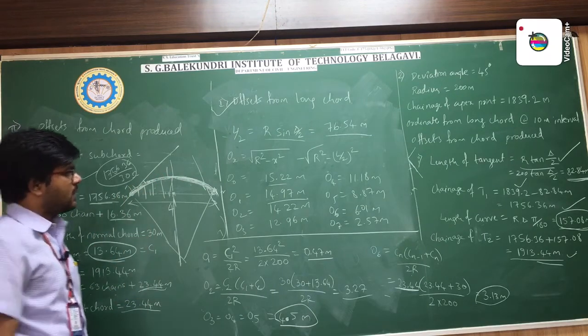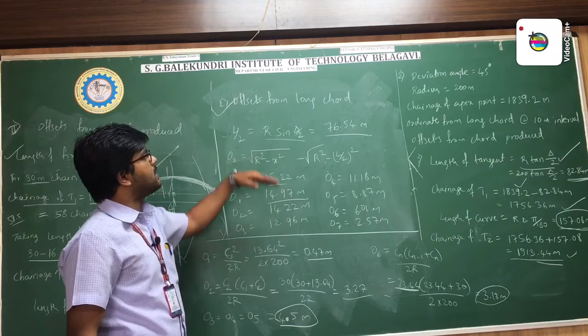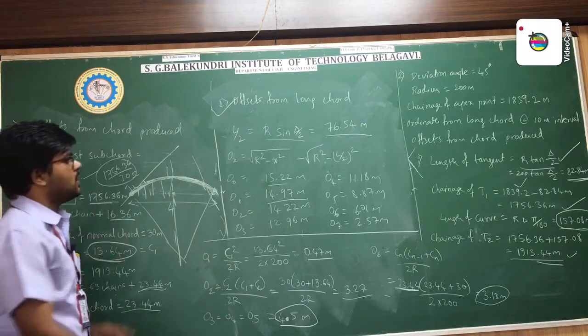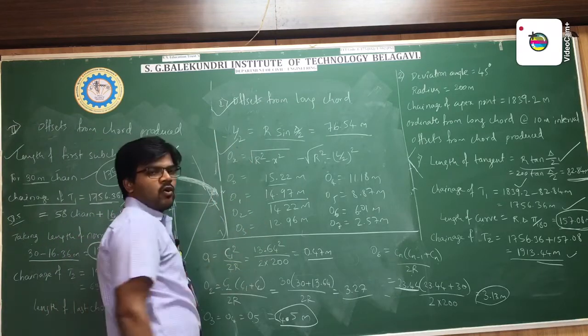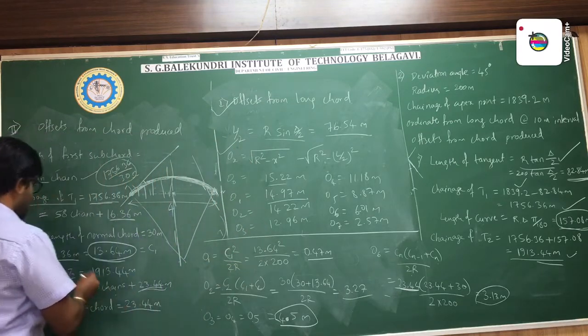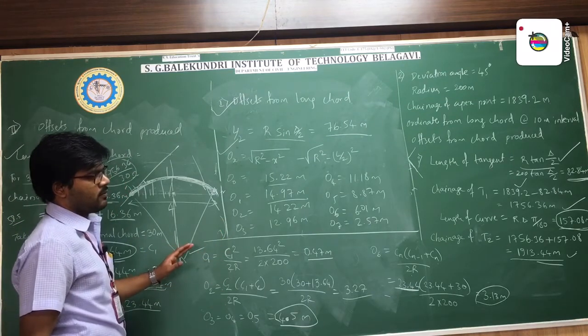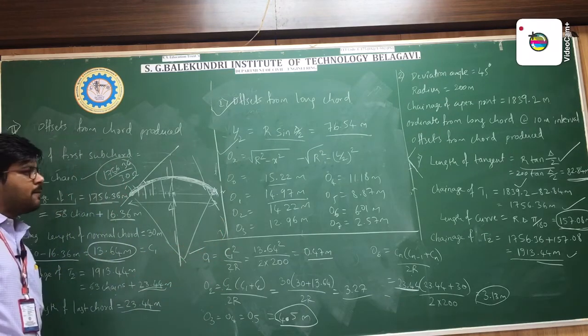These are the two main methods: offset from long chord and offset from chord produced. This is the formula for the long chord, and this is the formula for chord produced. Okay, I hope this is clear.